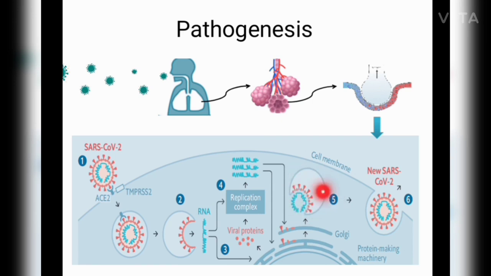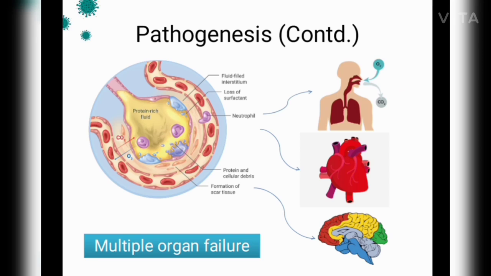After they are assembled into a new virus, they exit the cell and start infecting the surrounding healthy cells. As the virus damages the alveolar cells, it releases cytokines and certain inflammatory products, which will then activate the alveolar macrophages.